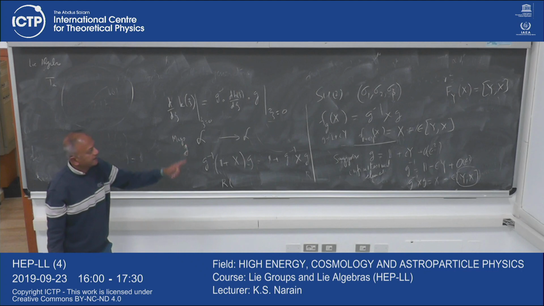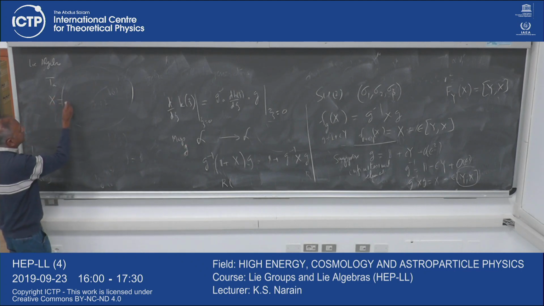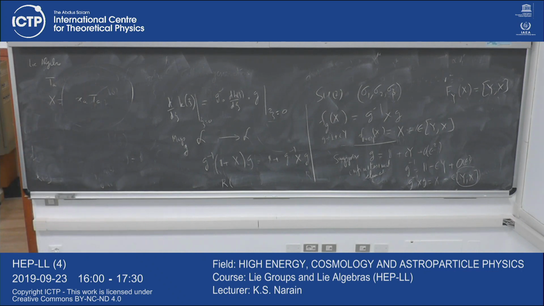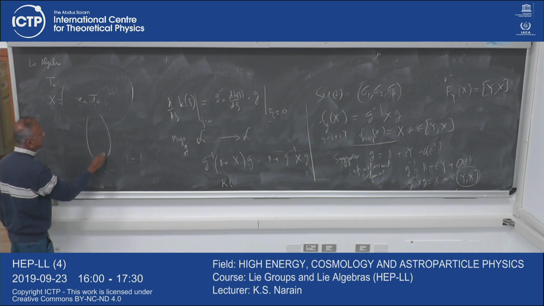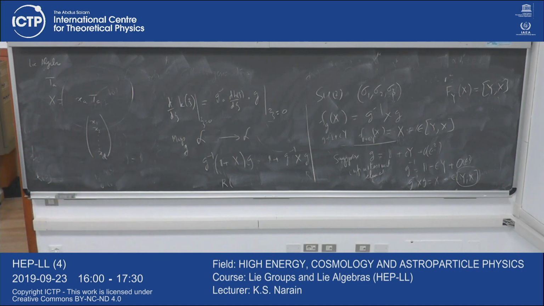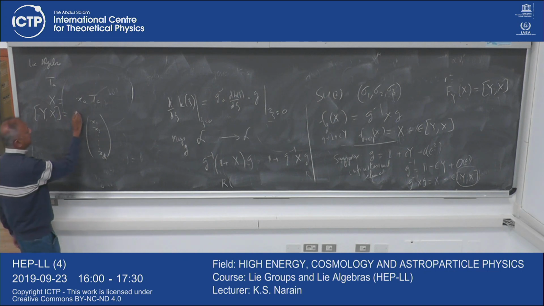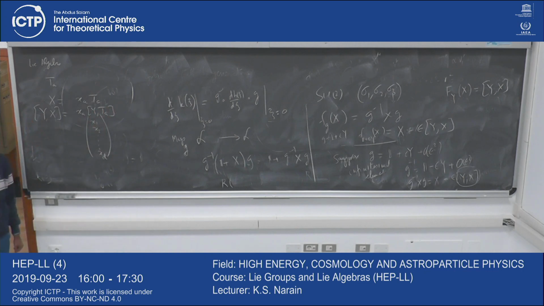Then I can expand x as some coefficients x_A times T_A. And I can think of x_A as a column vector, x1, x2, up to xd, where d is the dimension of the Lie algebra. Now, what is going to happen if I commute y with x? It's going to be x_A and y commuted with T_A.